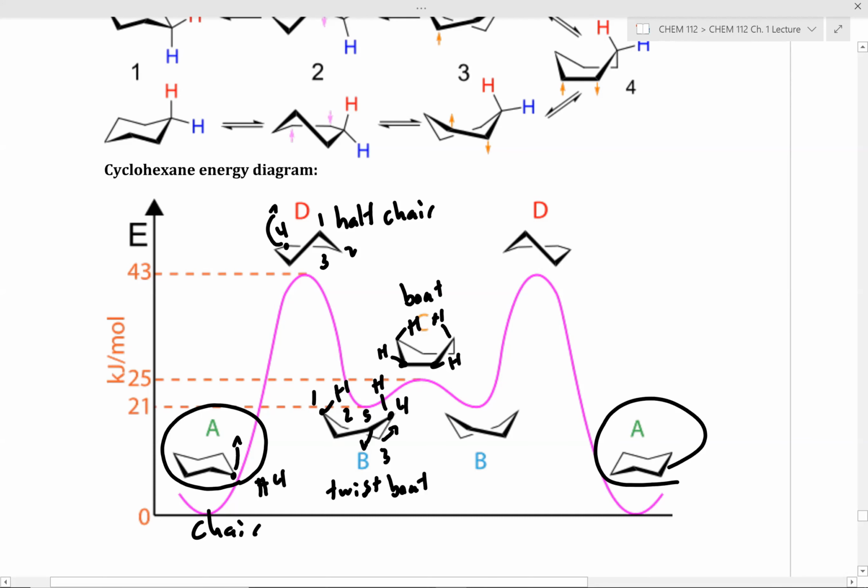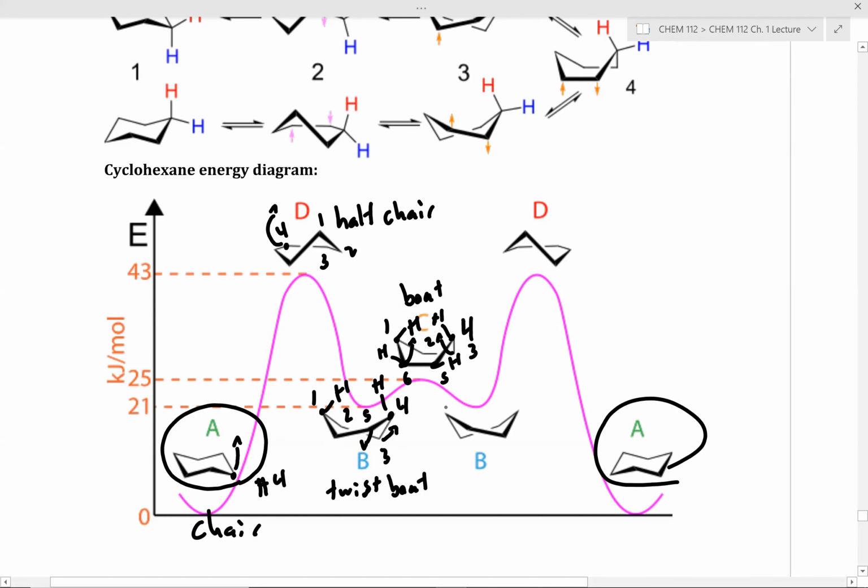Now, continuing on from here, if we want to complete the ring flip process, keeping our carbon numbering, we're going to move up carbon number 6, and then we're also going to move up carbon number 3 as well.